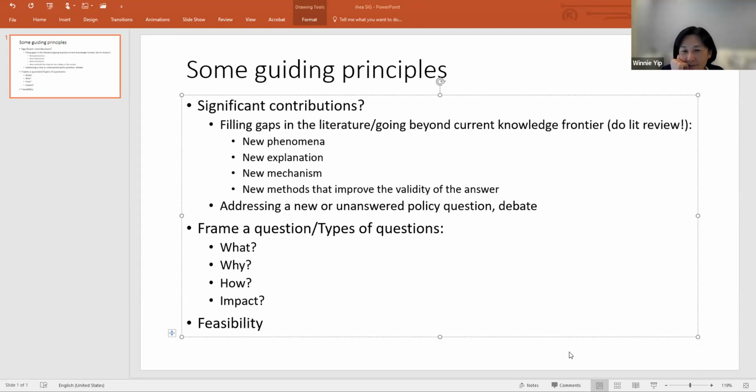I think a lot of editors, when they look at a paper that comes in, what catches our attention is: is this a new question, rather than just a new method? Because many of us are not trained as new methodologists. We're usually applying a better method to answer an existing question.